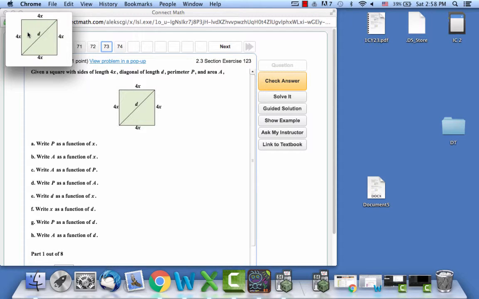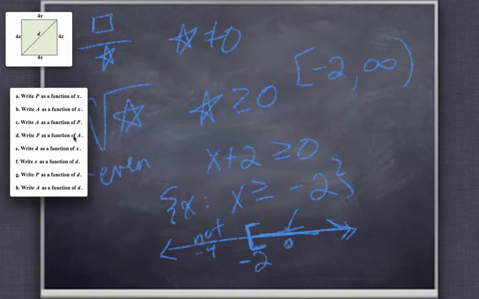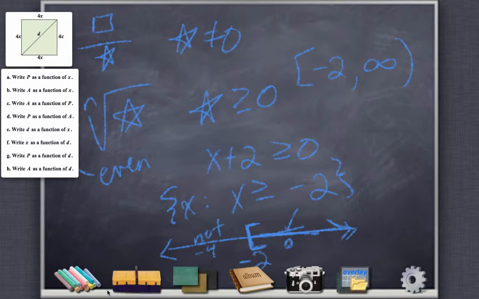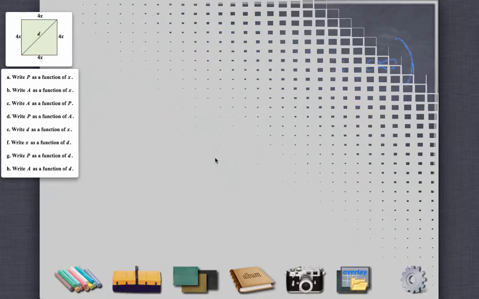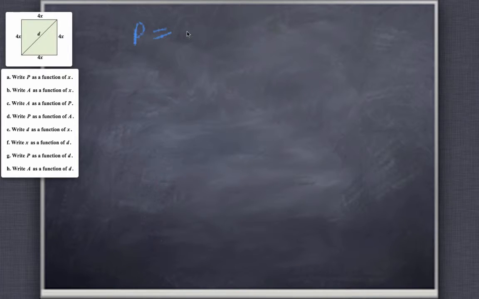Take these separately so they take up less space. Okay, so the perimeter is the measure around. So 4x plus 4x plus 4x plus 4x. So I have altogether 4, 8, 12, 16 x's.